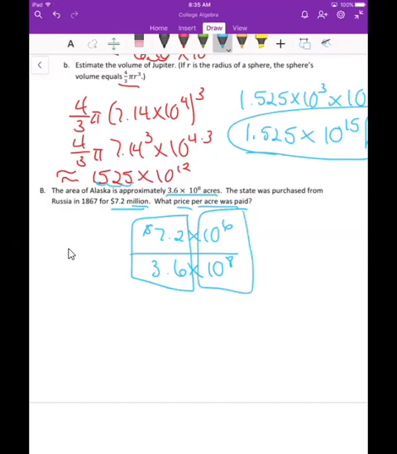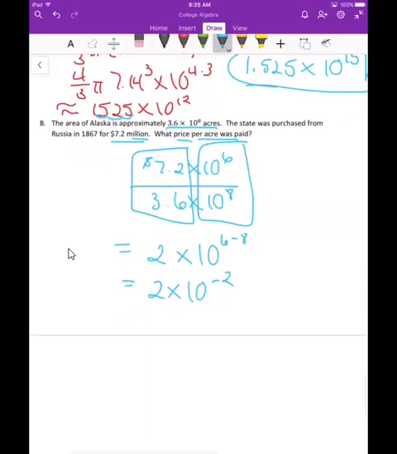7.2 divided by 3.6 is just 2. And if I need to take 10 to the 6th divided by 10 to the 8th, that's just 10 to the 6th minus 8. So this whole thing is 2 times 10 to the negative 2. And since we're talking about price per acre, it would be helpful to know what that number is in decimal form. So go ahead, this is a good practice of 4.1.